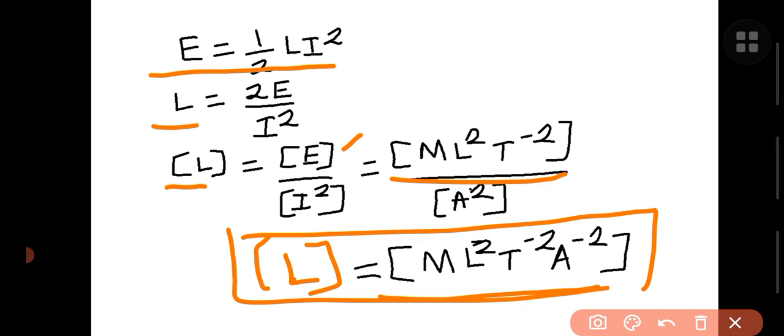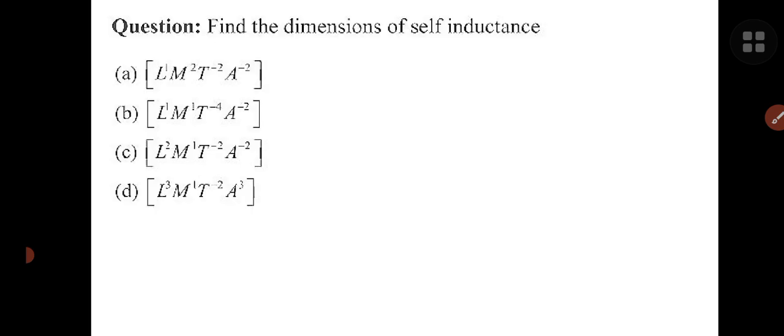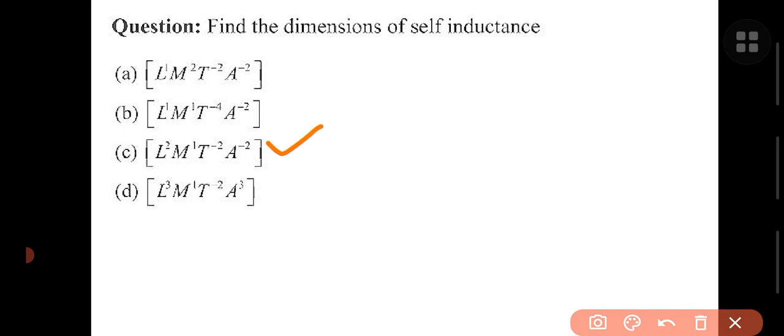But in the options, they have written L square first, then M, then T, then A. No need to panic. Whatever the order may be, it doesn't matter, but the powers should remain the same. So our answer is L square M power 1 T power minus 2 A power minus 2. Option C is the right answer.